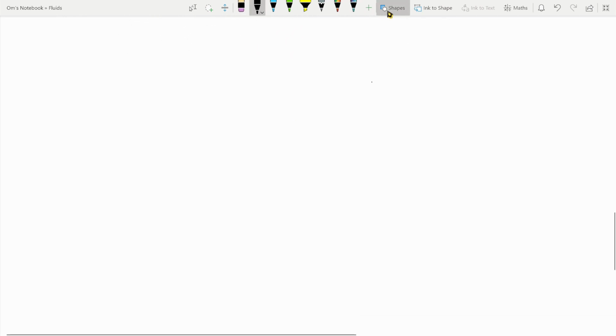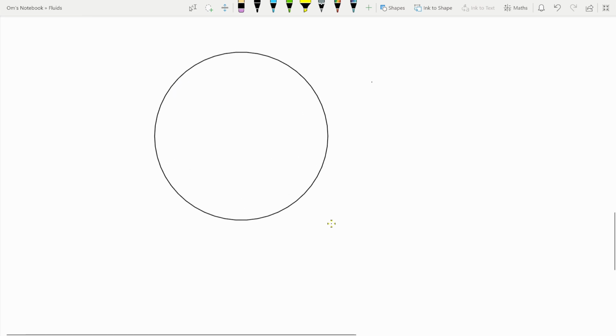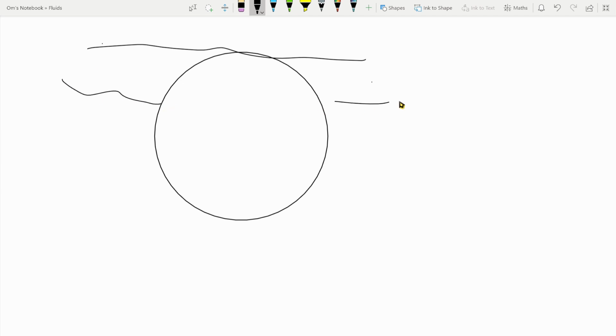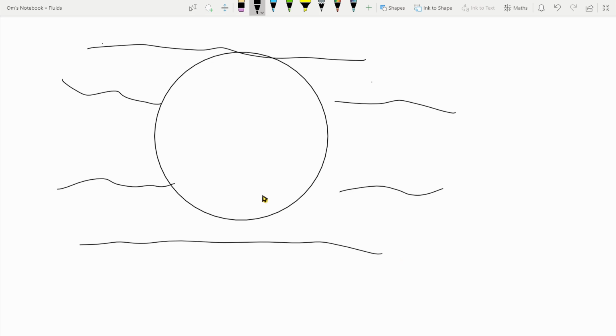So let me draw another sphere over here, and this is going to be that sphere. And again, let me draw my air molecules, if they can be called that. What I'm going to assume is that this sphere is moving with an angular velocity omega in this direction.